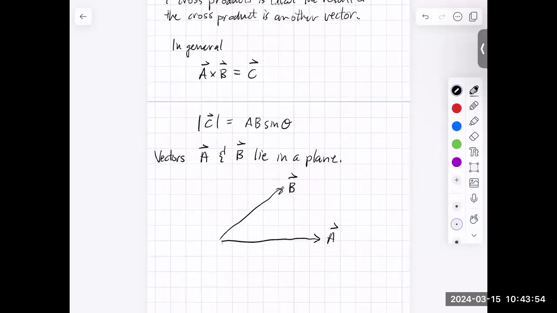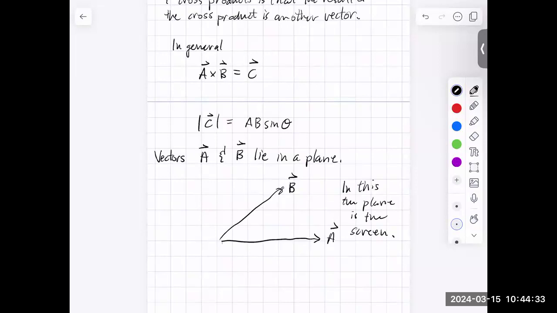Here's vectors A and B. In this example, the plane that they lie in is the plane of the screen or the plane of the page that you're drawing on, like so. So in this case, the plane is the screen. Okay, the direction of C is going to be perpendicular to both A and B, or in other words, perpendicular to the plane that A and B lie in.